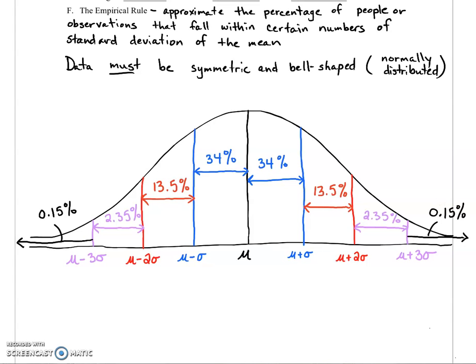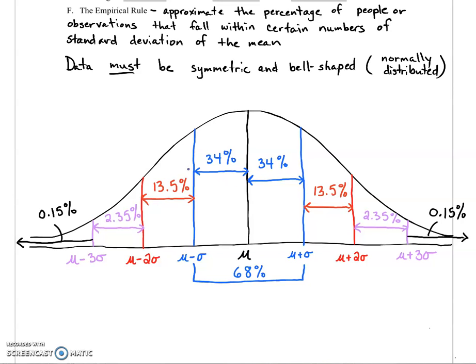So one thing that the empirical rule says is the amount of data from 1 standard deviation below to 1 standard deviation above is 68%.